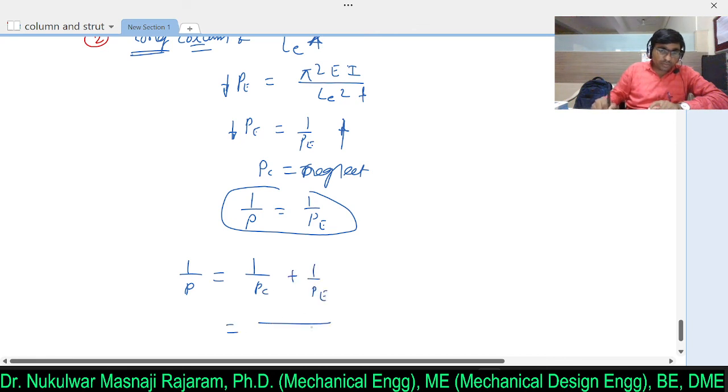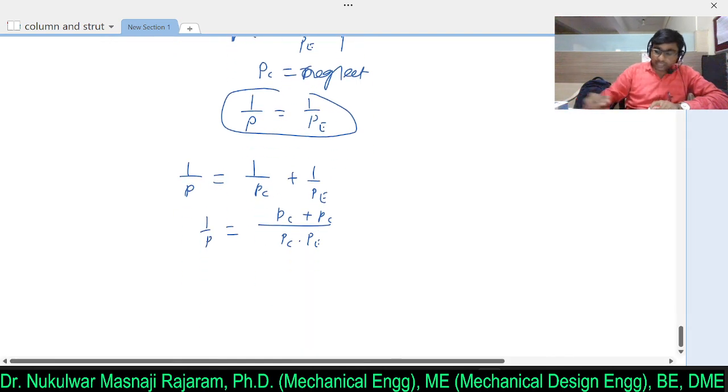If I take common Pc into Pe, then I can write (Pc plus Pe) upon Pc Pe. Now if I take the reciprocal, then I can write P equal to Pc into Pe divided by Pc plus Pe.